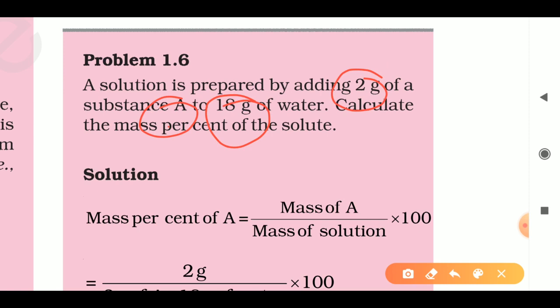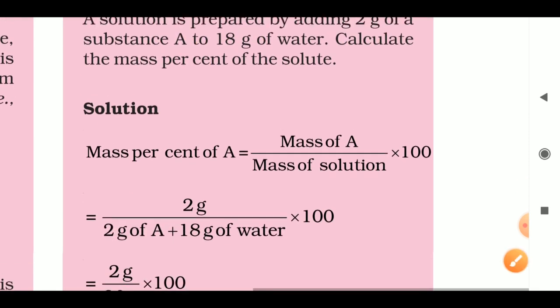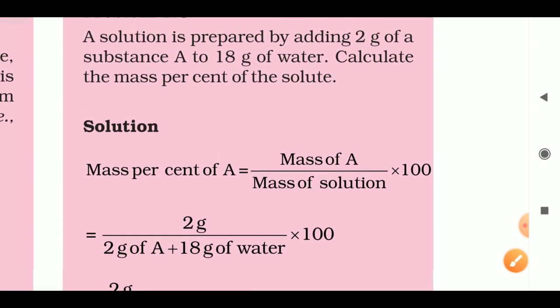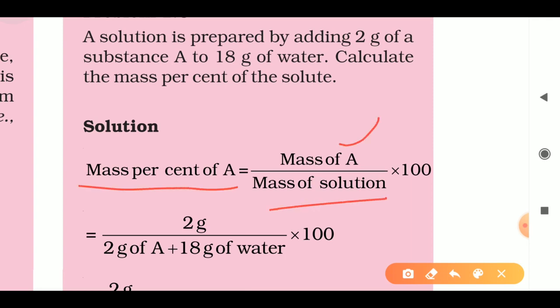According to the formula, mass percentage of A equals mass of A upon mass of solution, that is, mass of solute upon mass of solution. Mass of solute is 2 gram. And mass of solution means mass of solvent plus mass of solute, that is 2 gram plus 18 gram, into 100.